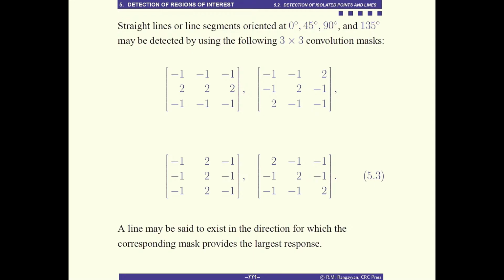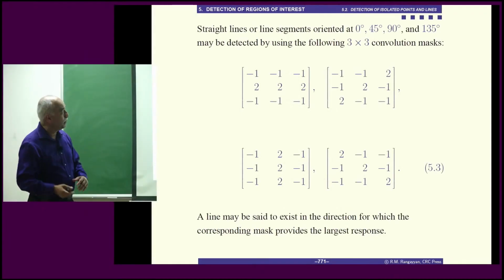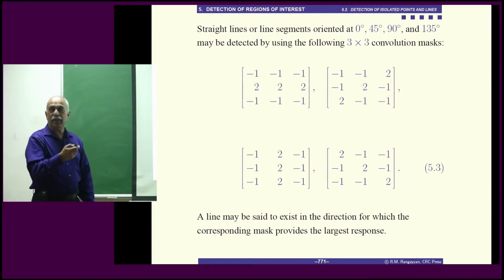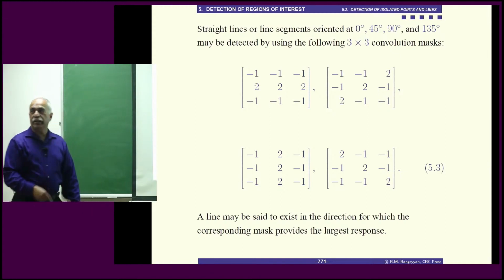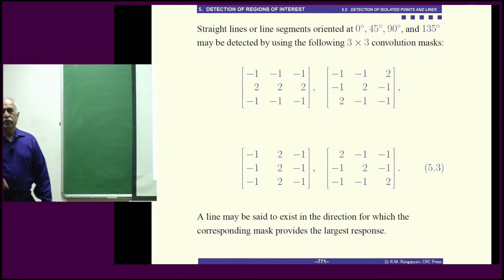My template is this. This is what I want to detect, but I want to compare it with the background, and there must be a good difference between that object and the background. So it's also a derivative. So you run this over the image, and wherever there is a big response, you say that pattern has been found there and mark it. Or this pattern. So you have to run multiple templates.